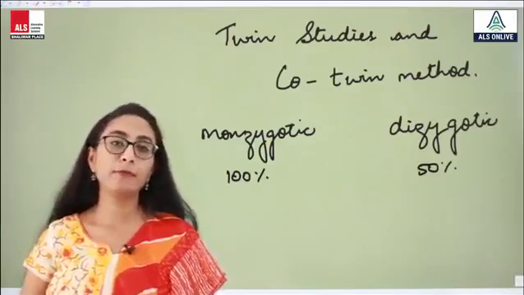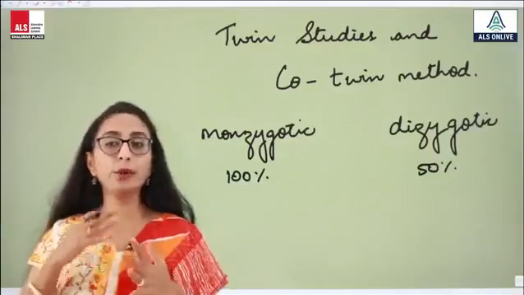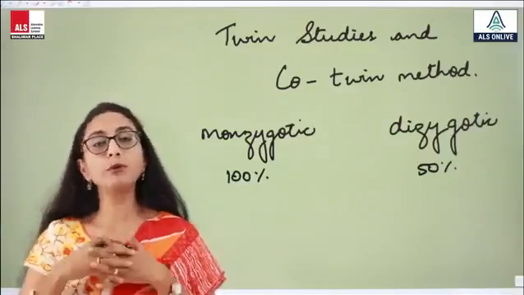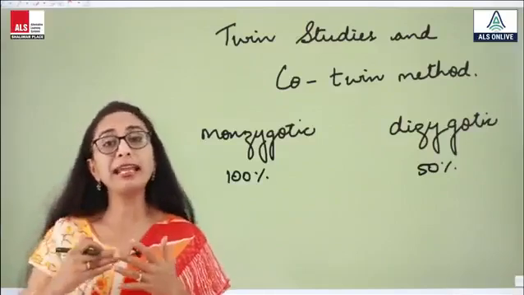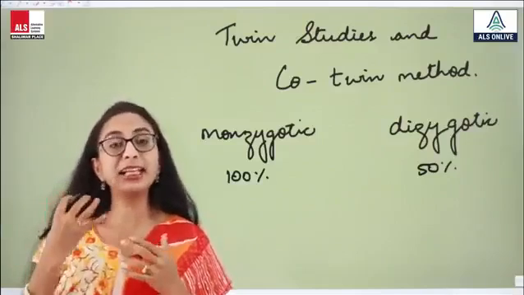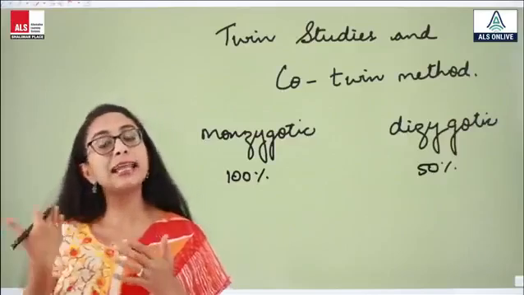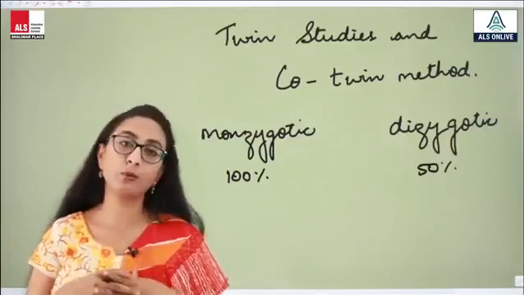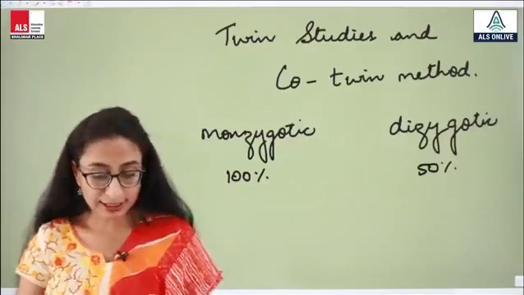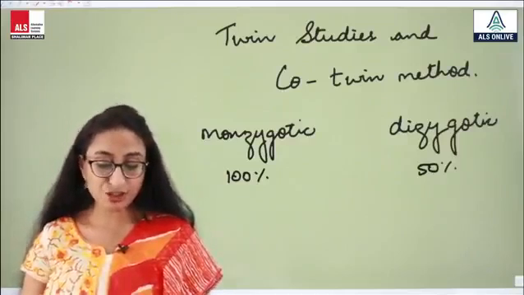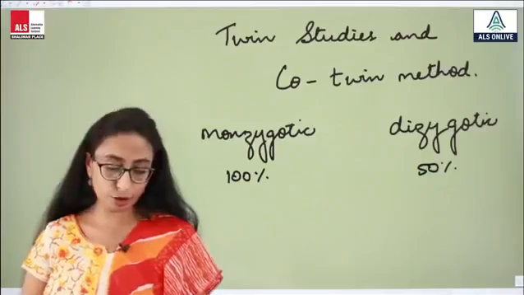Both in twin studies and the co-twin method, what we are trying to understand is to what extent genetics determines the disease in a twin and to what extent environmental factors influence the twin.